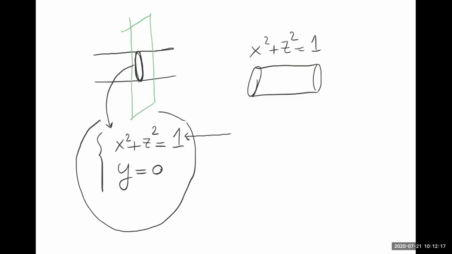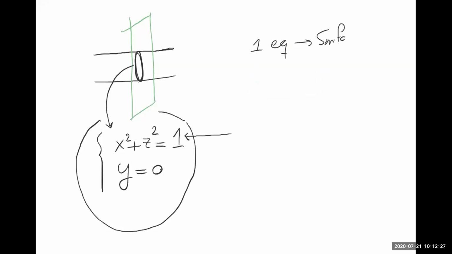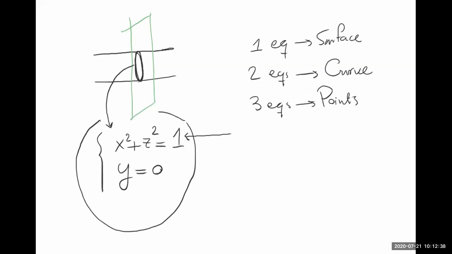Remember, a curve is given by two equations, not one. One equation gives us a surface. Two equations give us a curve. Three equations give us points. Four equations? Can anyone tell me what we usually get with four equations?